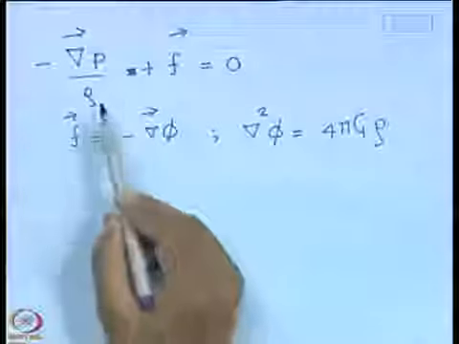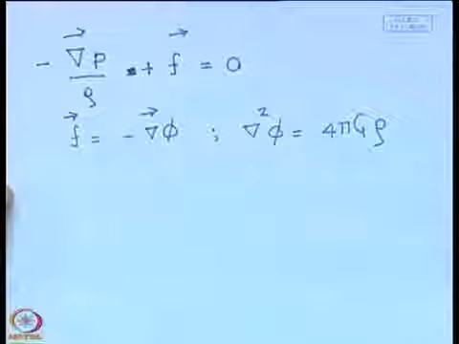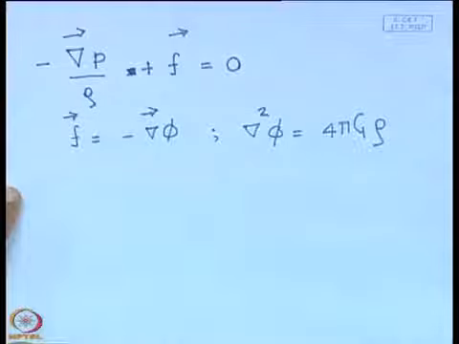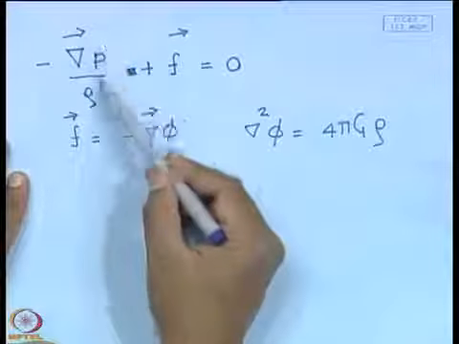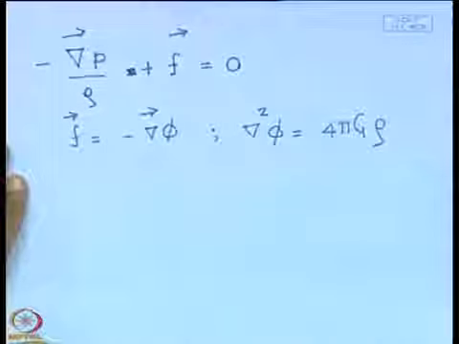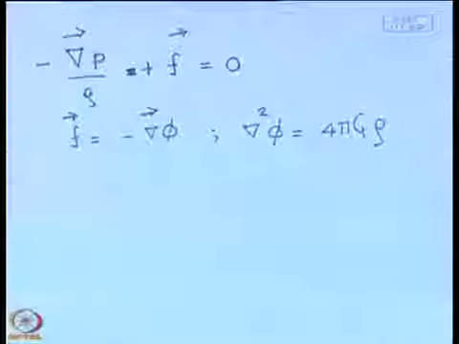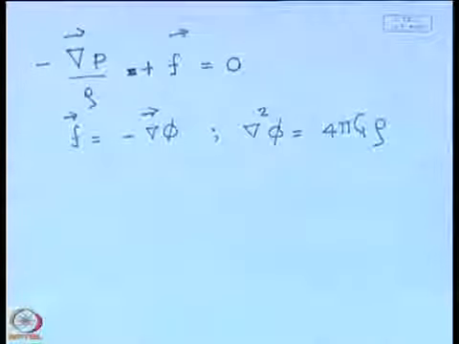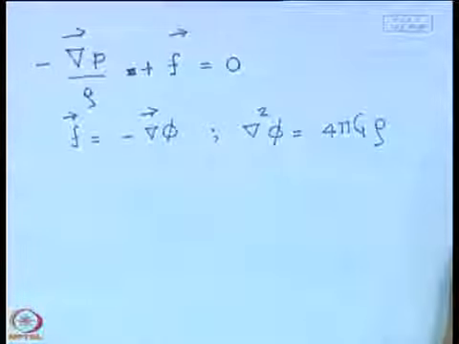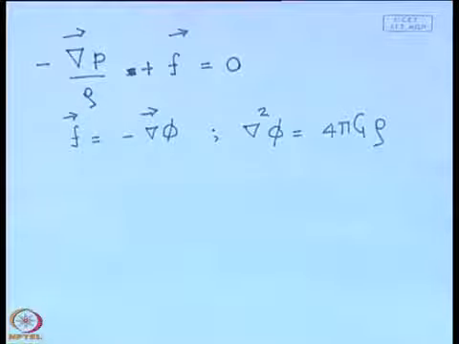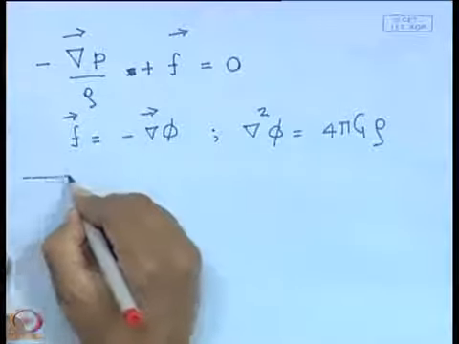Now, in order to solve this equation, we need to know what the density is. We need some relation. There are two unknowns, the pressure and the density. We shall start off with a very simple assumption. Our assumption here is that the density inside the sun is a constant.